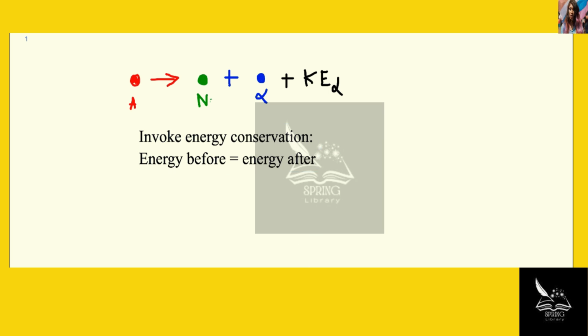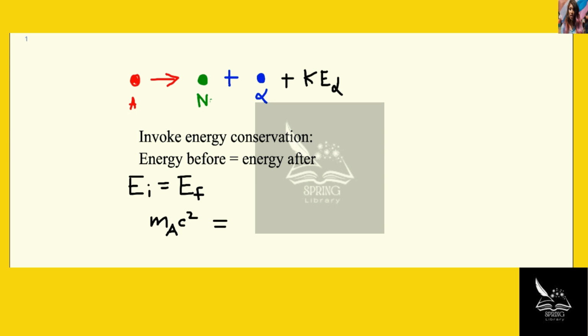So written out, this is simply the idea that E_I, or energy initial, is equal to E_F, energy final. Initially, you have the rest mass energy of this americium nucleus at rest. That is all. So initially, you have m sub A times c squared, which is the rest mass energy of this.